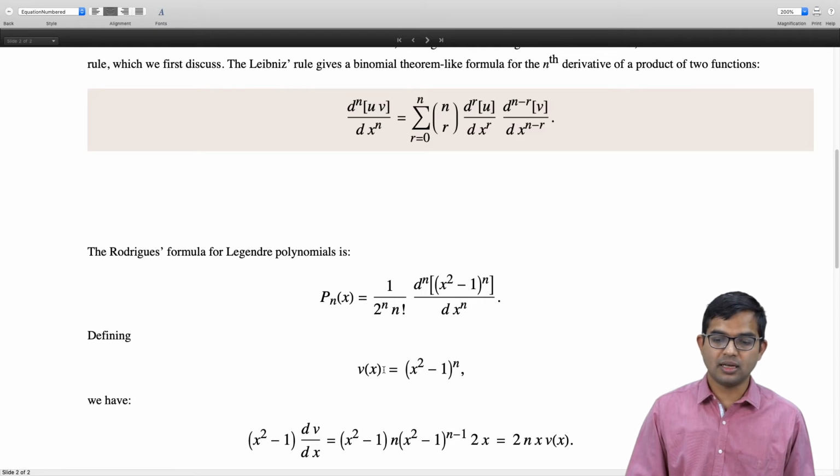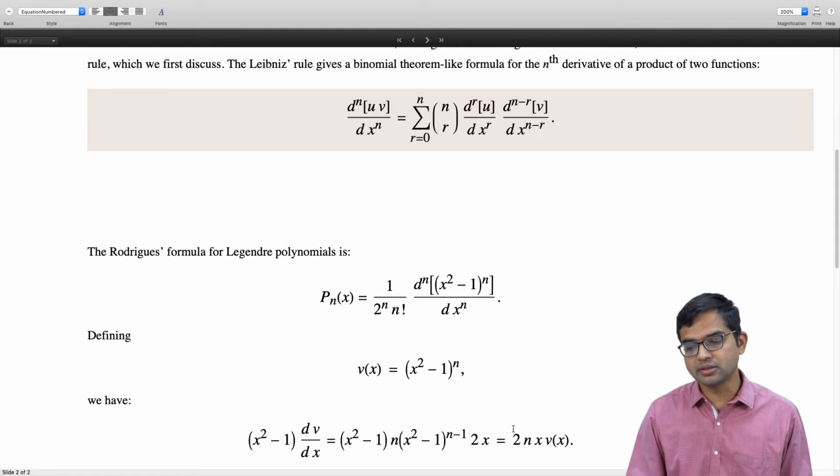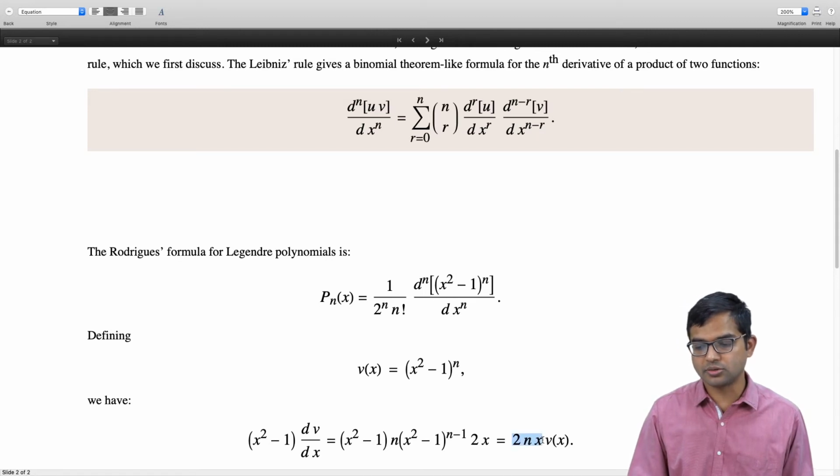So this n times (x squared minus 1) to the n minus 1, then you have also 2x, you collect all this and write it as 2nx, but then since you have also multiplied by x squared minus 1, you have filled back the lost power, and so you get back v of x.